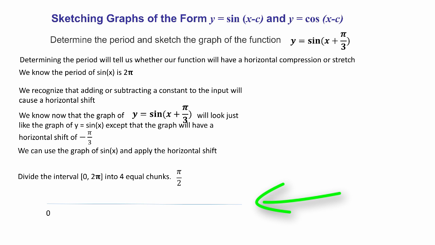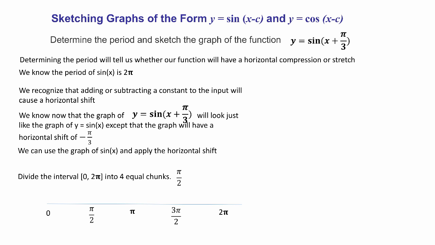Starting at the left with 0, we're going to add pi over 2, and that will take us to the end of our first chunk. Add another pi over 2, we're at the end of our second chunk, another pi over 2, and finally the last adding of pi over 2 gets us to the end of our interval. And over this interval, we'll see one complete repeat of the pattern. If we had to graph this over a longer interval, we would just simply repeat that pattern.